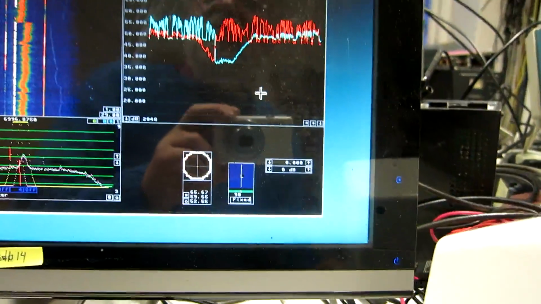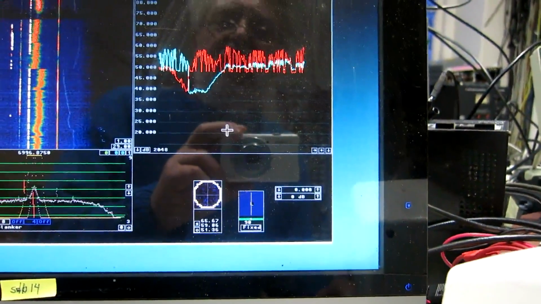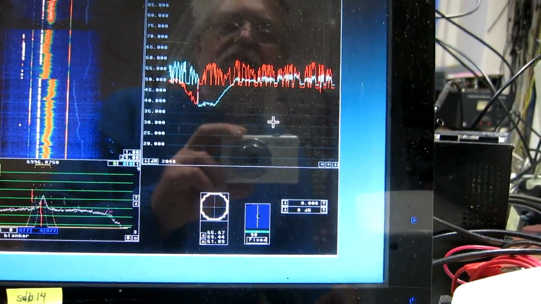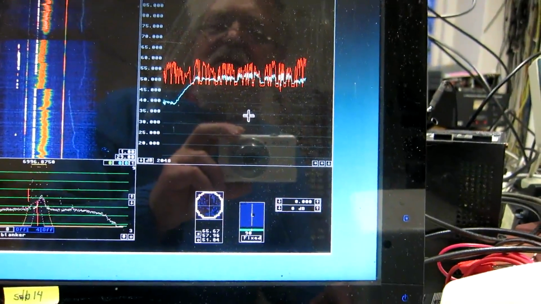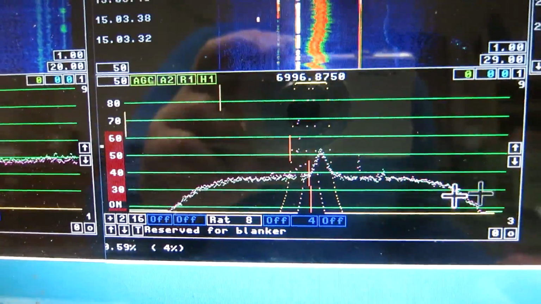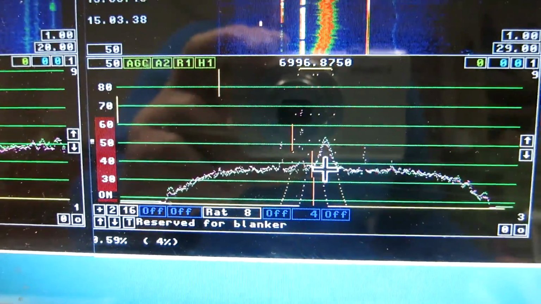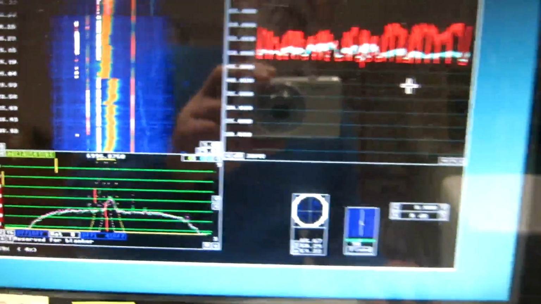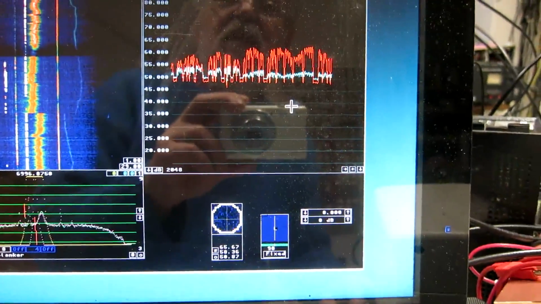And you can hear that the interference is much worse now. Well, the interference is equally strong in both channels, as you can see here. Red and green are the same, but the signal differs in amplitude between the channels.